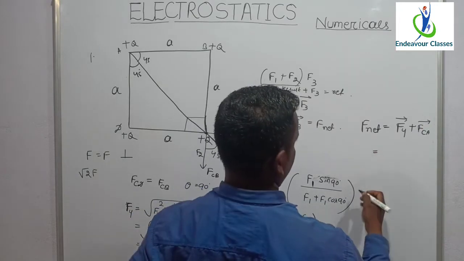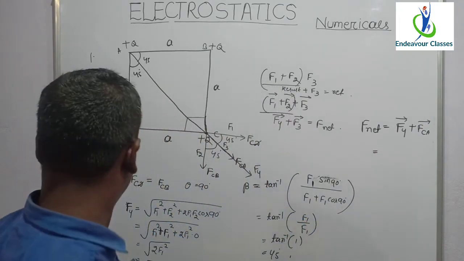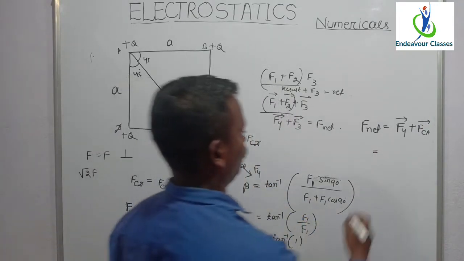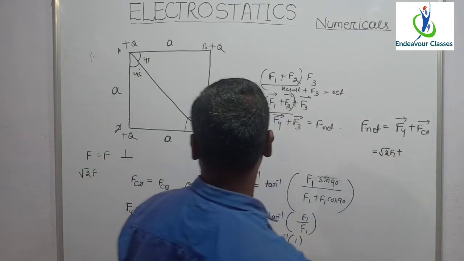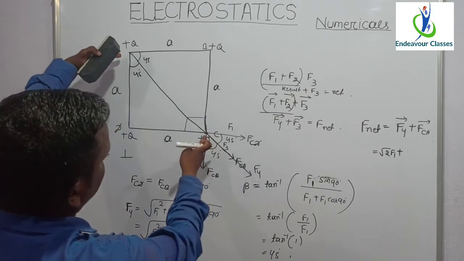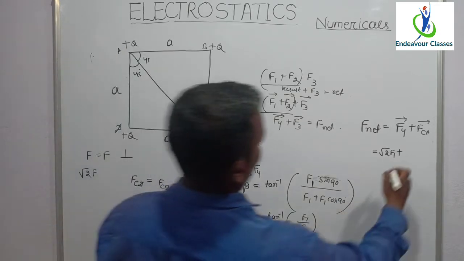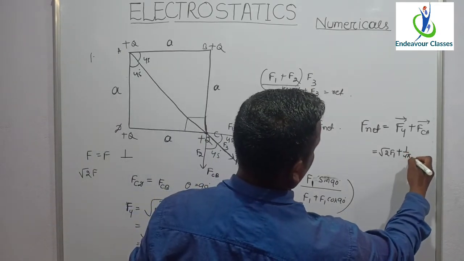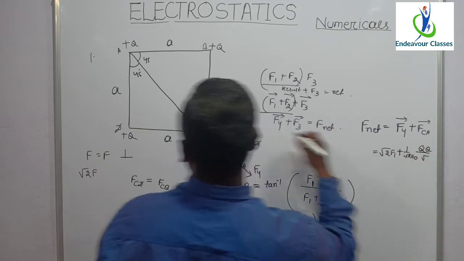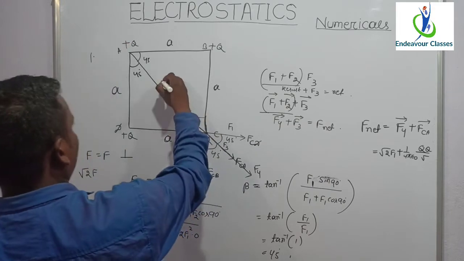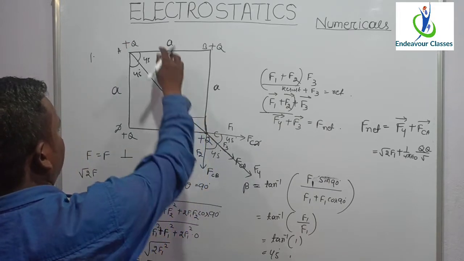So F4, as we have found out, is root 2 F1. So it is root 2 F1 plus FCA. FCA is given by 1 by 4 pi epsilon naught capital Q Q divided by, so this distance will be root 2a by Pythagoras theorem.